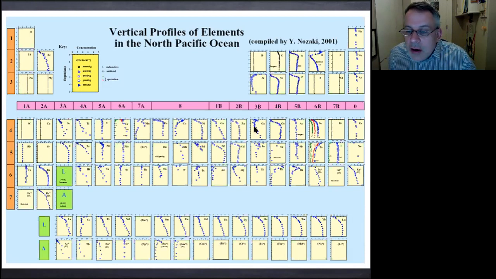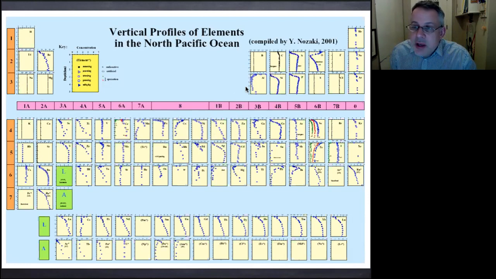in here, they have very complicated structures because they either have surface sources or deep sources, and then they're reflecting the time history, how far they are from the source. Or it might be biological processes.